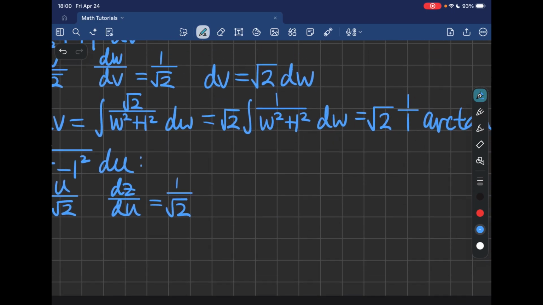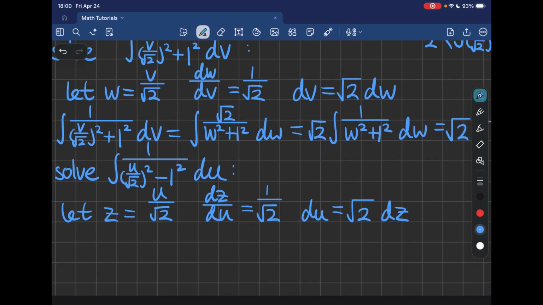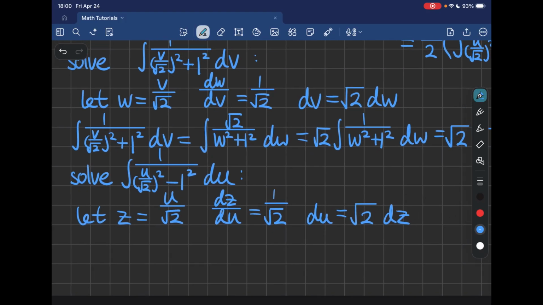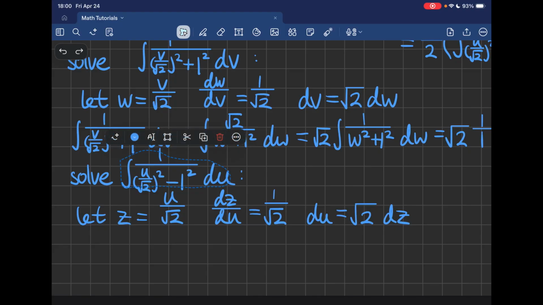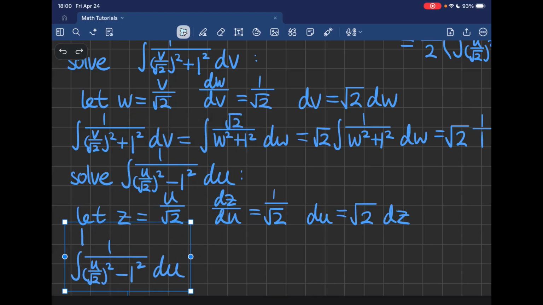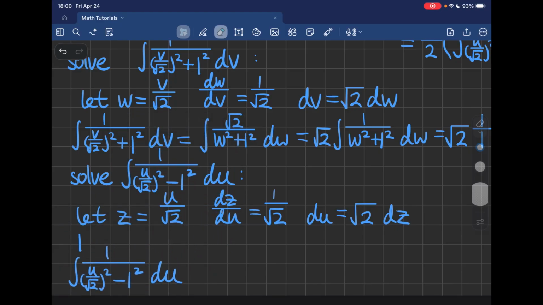Right, so du equals square root of 2 times dz. So now we can rewrite this into something of a similar structure, but just with a different sign from the one we have above.